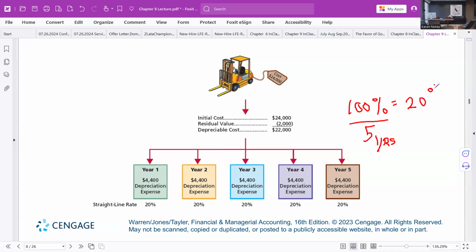That's our straight line depreciation rate. So the actual amount of depreciation is $4,400 each year, and that represents exactly 20% of that depreciable cost. 20% is the annual straight line depreciation rate, 20% or $4,400 each year.